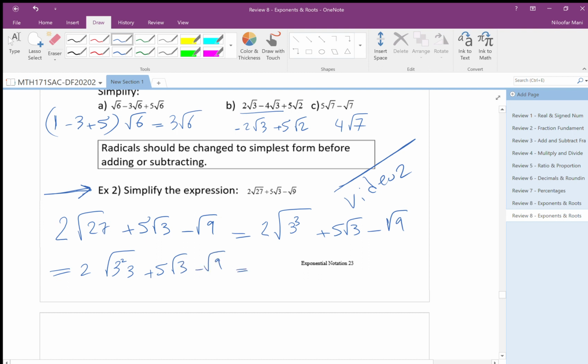I can bring 3 out, so it is 6 radical 3 plus 5 radical 3 minus 3, and this is 11 radical 3 minus 3. That's the answer.